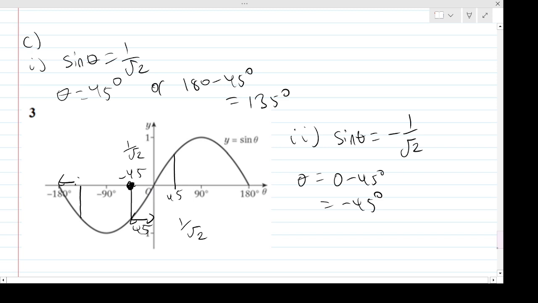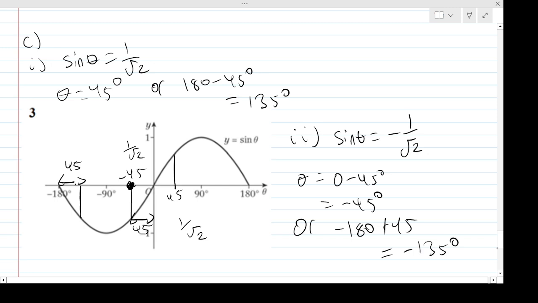But then this other end, at minus 180, to this solution is also going to be 45, because the ends are symmetrical again, because the curve is symmetrical. With that in mind, we need to get minus 180 at the end, and then add 45 to it to get to that other solution. So it's going to be minus 180 add 45, which gets me minus 135 degrees.